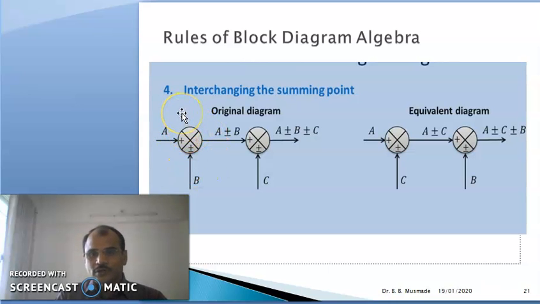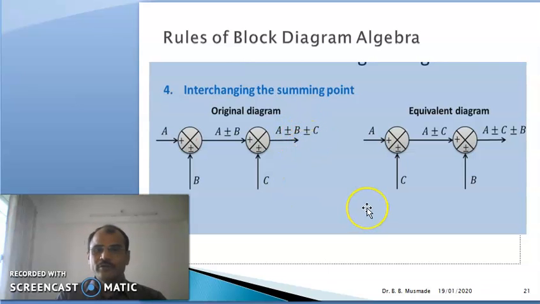According to the signs provided here or the computations required, we will get the effective information, either summation, subtraction, or whatever is our demand. Let's suppose this is the second summing point. So a third information is approaching here. We will have the effective information as A plus or minus B plus or minus C.